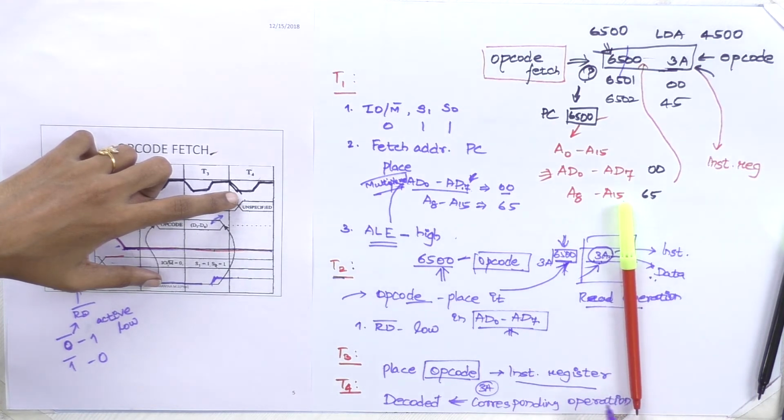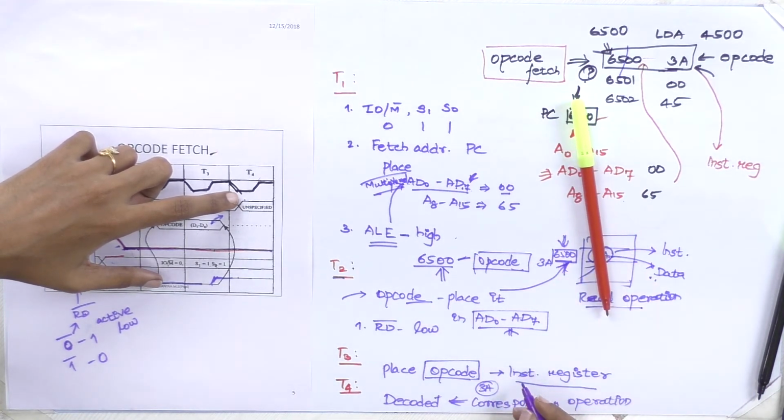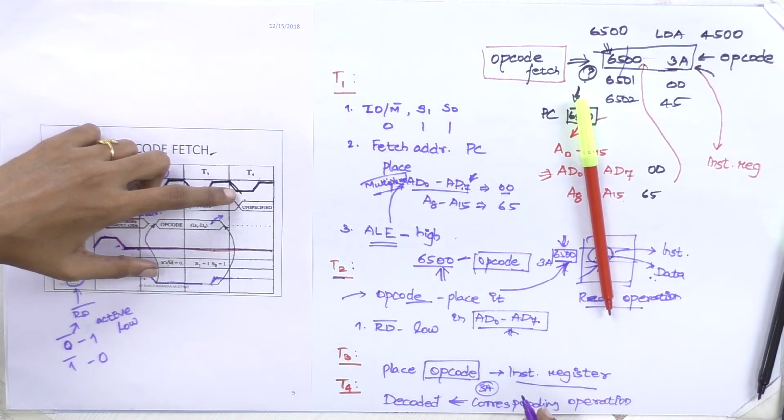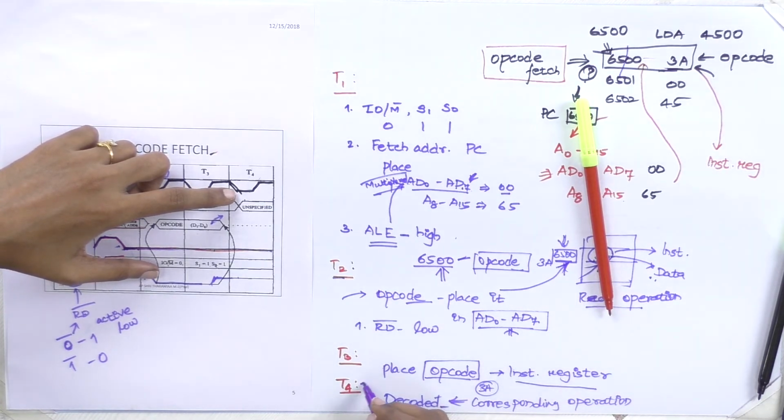As I have already told you, for each and every instruction we have an opcode, which is nothing but the hex code. So by seeing the hex code, the processor has to come to a decision on what operation it has to perform. That decision is taken during the decode operation at the T4 state. So at T4 state, it knows what operation it has to perform.